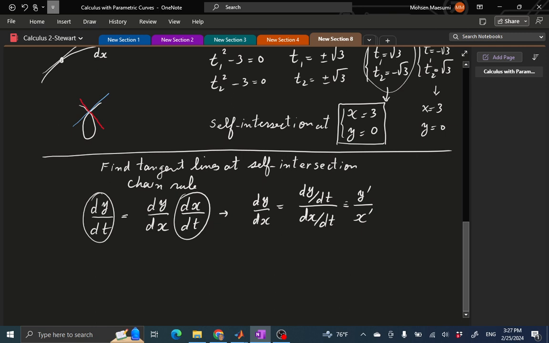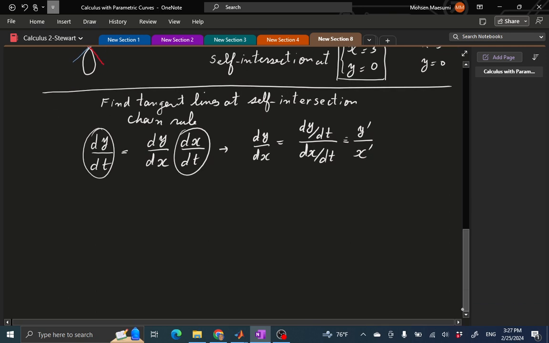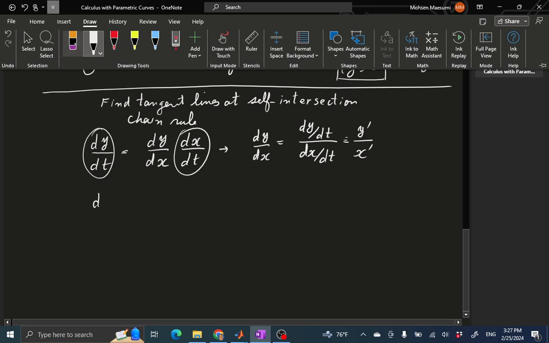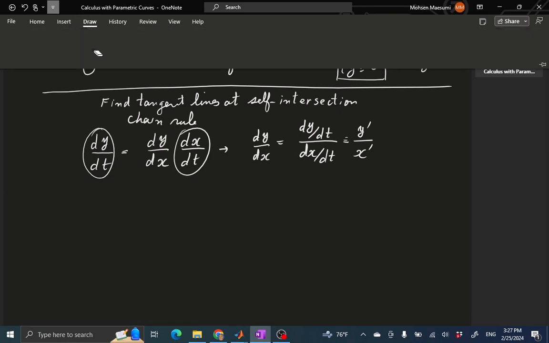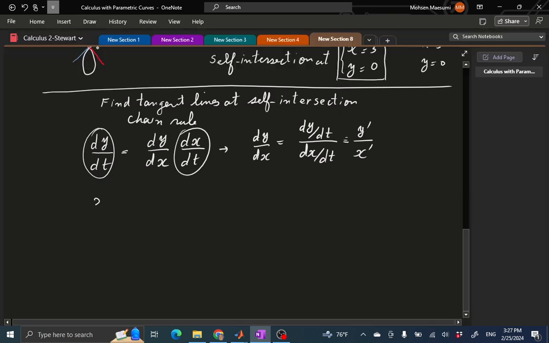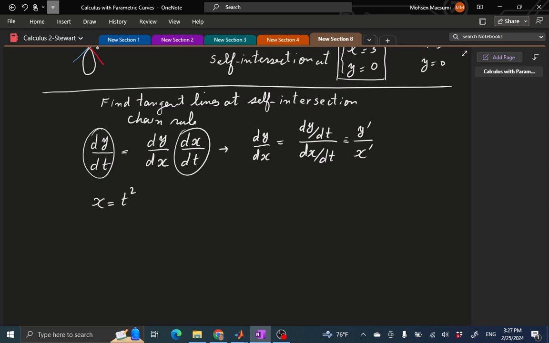We are using that just as a definition, so that our writing wouldn't get so out of hand. So again, going back to the equation that we had for this curve, what did we have? We had x equals t squared, and y equals t cubed minus 3t.